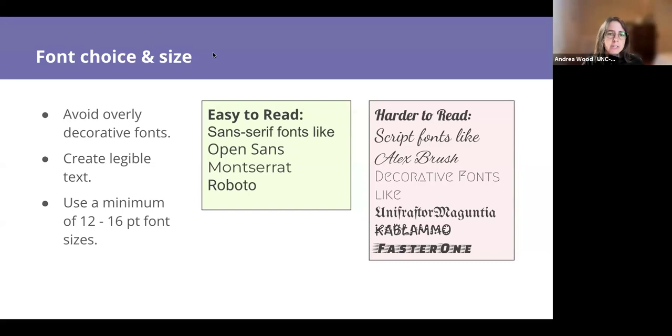Avoid highly decorative, condensed, or script fonts and reserve italics for minimal use. The key is to select a typeface with a good x-height, that's the relative height of the lowercase letters, and a clear separation between potentially confusing characters such as the number one, lowercase l, and uppercase I.